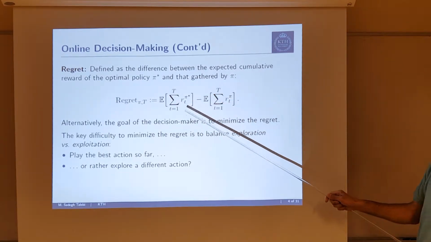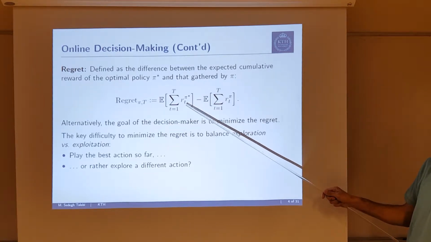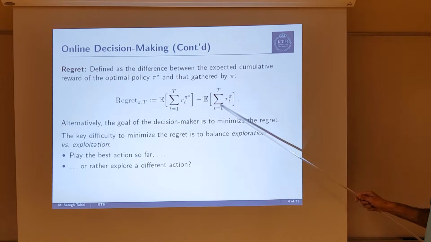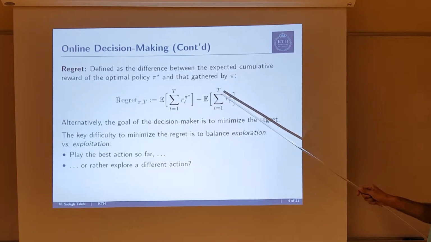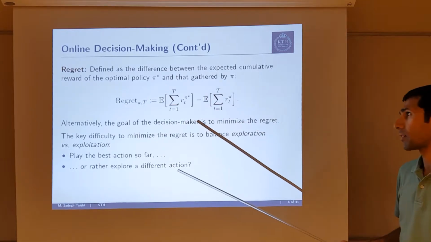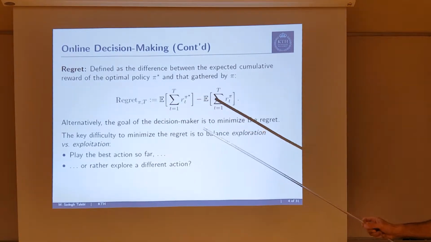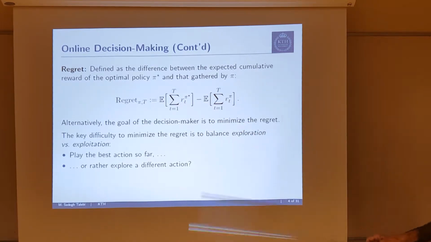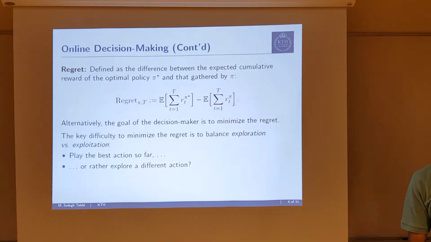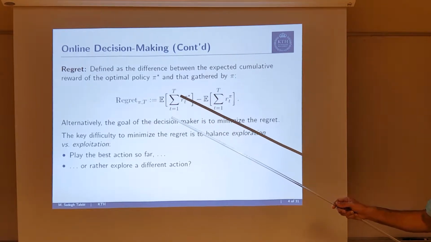So at each time t, you lose this amount of reward, R_t under pi star minus R_t under pi, and you cumulatively sum this and take the expectation. It examines this cumulative loss in expectation. The expectation is over the states that we observe and all possible randomness. This includes randomness in the reward, because rewards could be random, but could be deterministic as well.